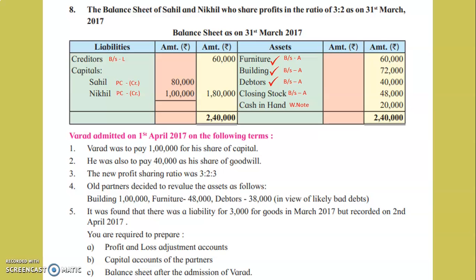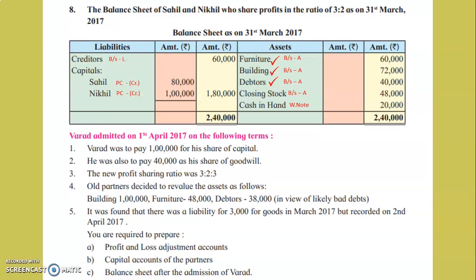The fifth adjustment, it was found that there was a liability for 3,000 for goods in March 2017 but recorded on 2nd April 2017. Our year ending is 31st March 2017 and these goods which were purchased belong to this current year. That means this is an unrecorded liability for this current year.